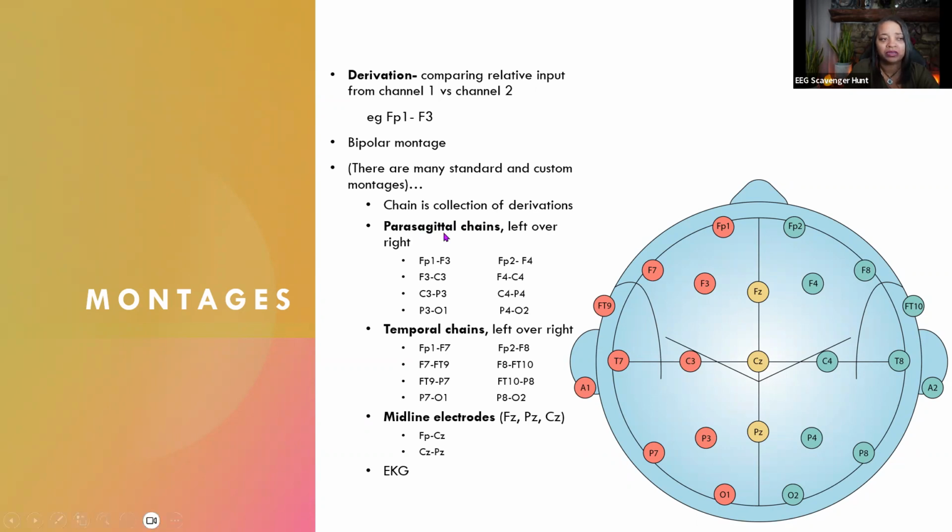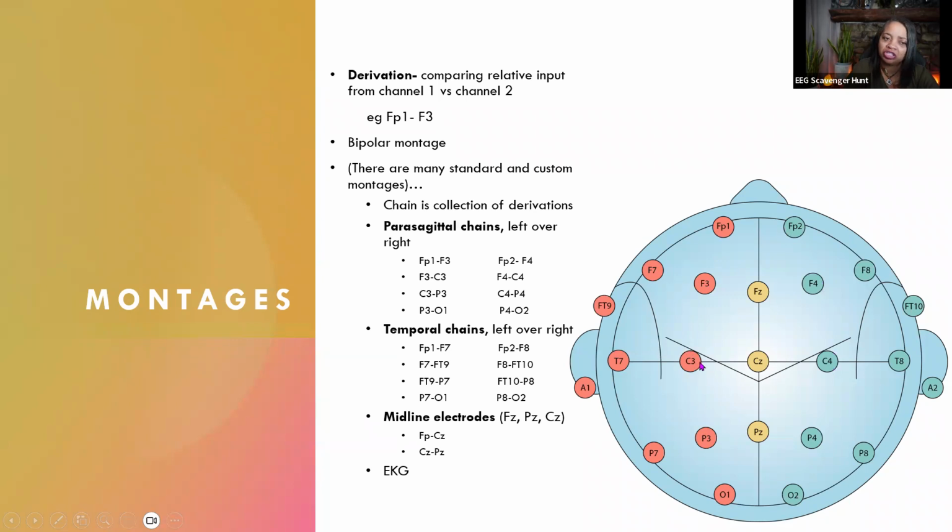The convention from the American Clinical Neurophysiology Society is that you will have left over right. In our lab, we start with parasagittal chains up top. The parasagittal chains, so this is the midline, and parasagittal is right off the midline. So in our lab, you're going to see left parasagittal, which is these electrodes here, over right parasagittal. And when you're reading EEG, you want to compare homologous brain regions.